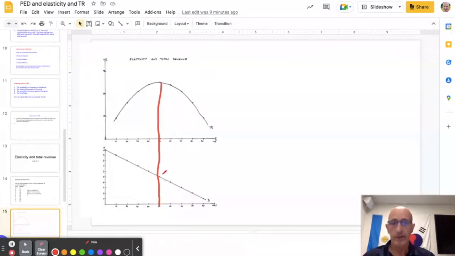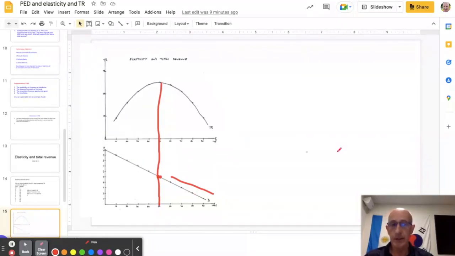And so you'll have a point here where PED is equal to 1. You'll have a range here where PED is price inelastic, right? So when the price is lower down the demand curve, this will be the inelastic range. And then you'll have a range up the top end here where PED is greater than 1.